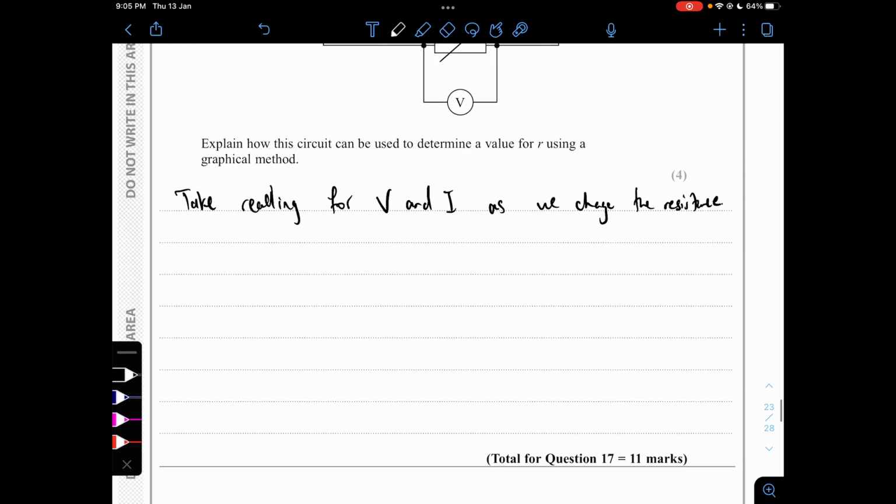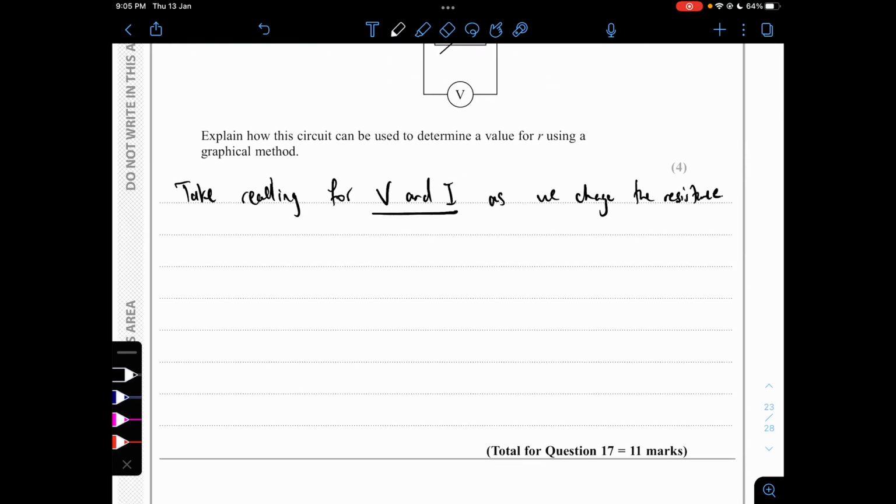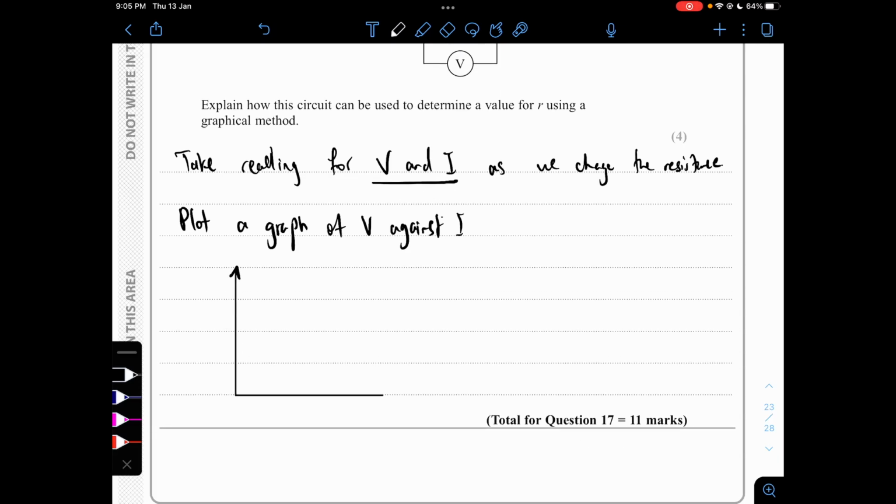And because we have taken these values, we can plot a graph of V against I. All right, so we have our V, and then we have our I, and then we'll have our line.